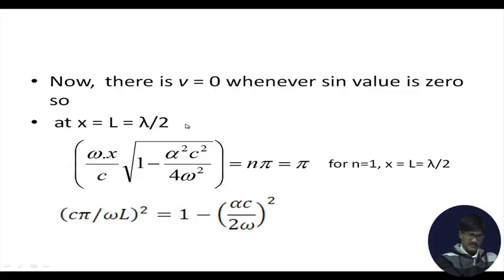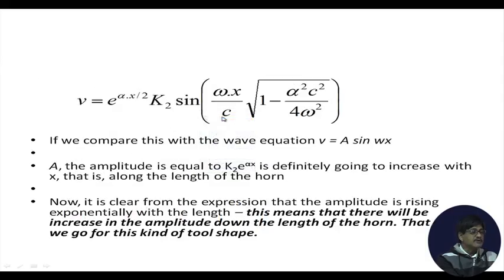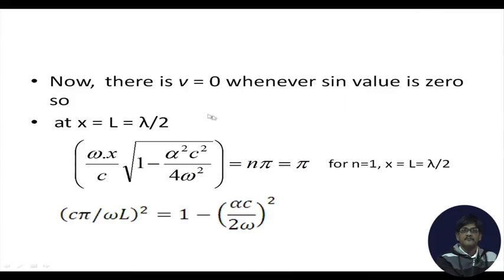If the amplitude is 0, everything is 0, everything is peaceful, and we don't have to bother about that. So whenever in this particular expression the sine value becomes 0, let's have a look. At x equal to L equal to lambda by 2, as we discussed, at half the wavelength, once again we are going to have that particular condition.